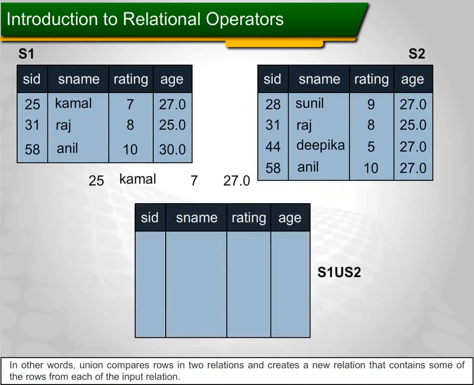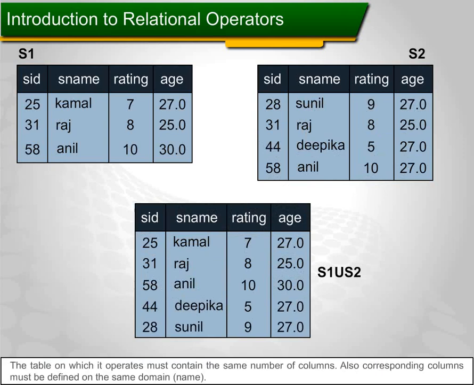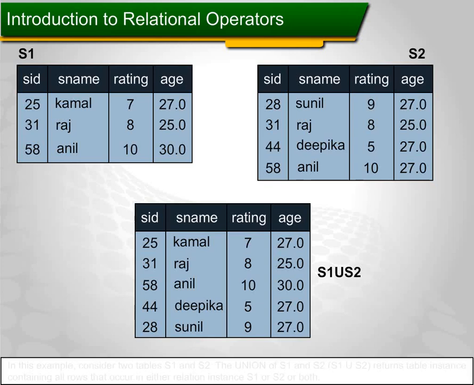In other words, union compares rows in two relations and creates a new relation that contains some of the rows from each of the input relations. The tables on which it operates must contain the same number of columns. Also, corresponding columns must be defined on the same domain name.